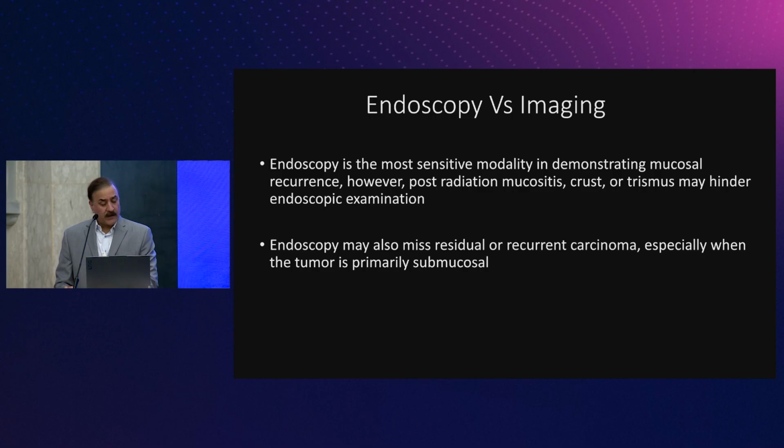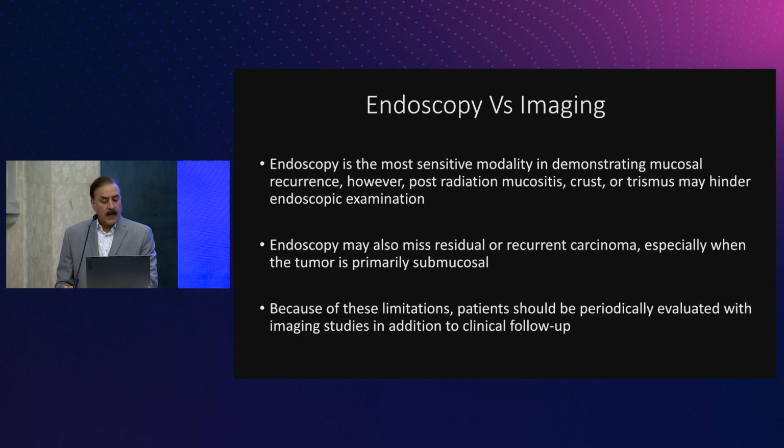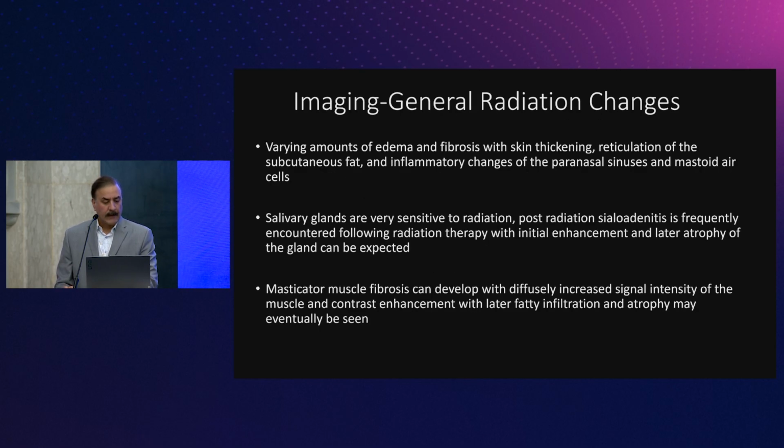If the recurrence is submucosal, then they will not see it. So it's us who have to see that on imaging and let them know about it. That's the reason imaging is also included in the routine follow-up of these patients, at least early on after their treatment has been instituted.